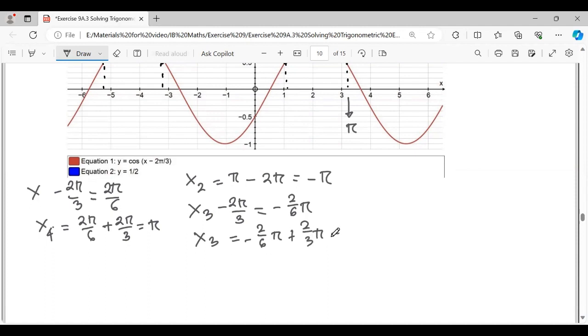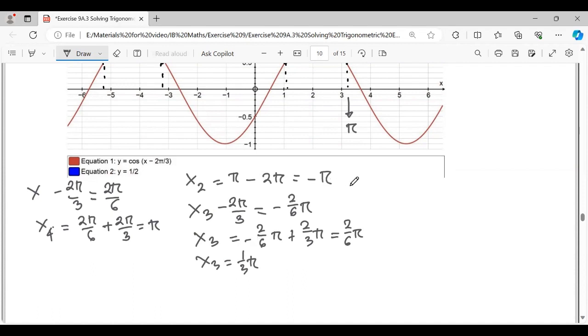So it will be negative 2 plus 4, 2 over 6 pi, 1 third pi, positive 1 third.